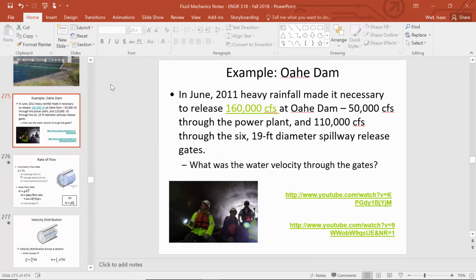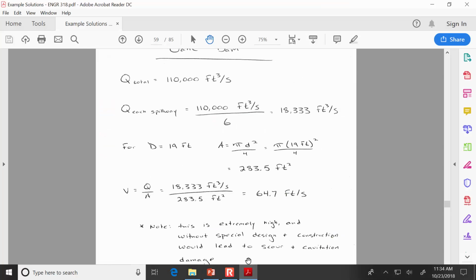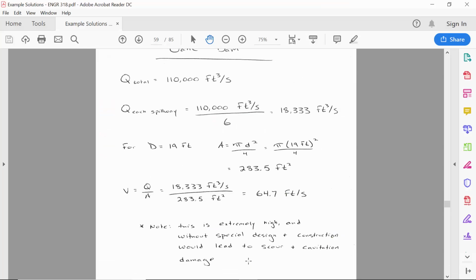Okay, so what we need to do is take that diameter and turn it into a cross-sectional area. So we know that area is pi d squared divided by 4. So the cross-sectional area of this pipe is 283.5 square feet.